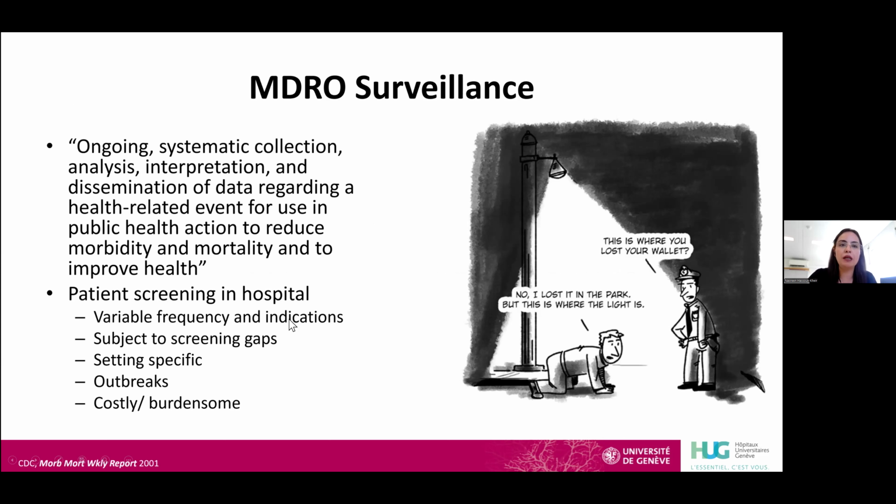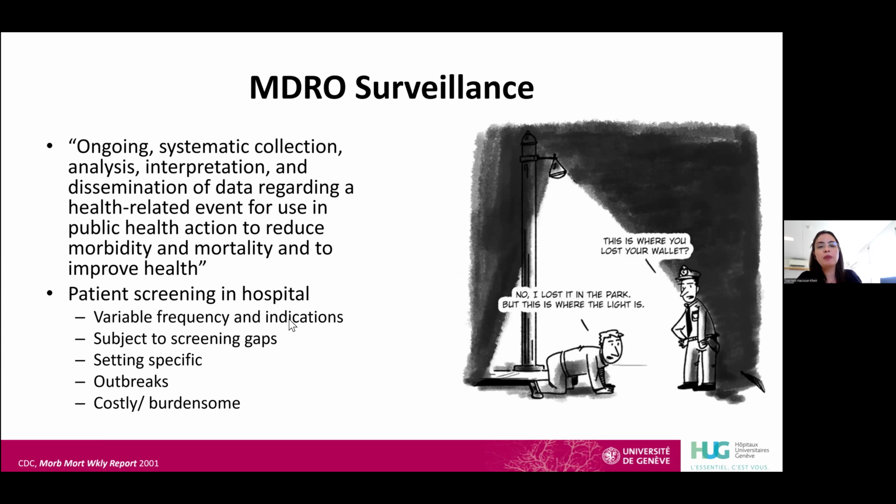One of the main things we use in IPC, infection prevention and control, is MDRO surveillance. So we screen for carriage of multi-drug resistant organisms, and we screen patients. All the time we collect information on these patients to try to understand and limit the spread in the hospital.